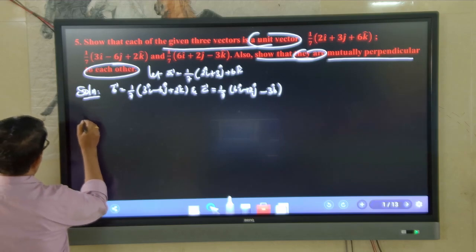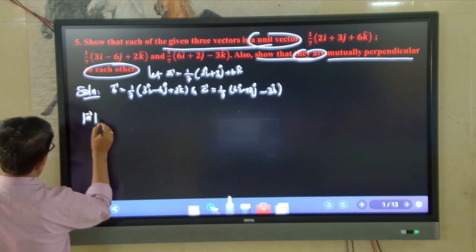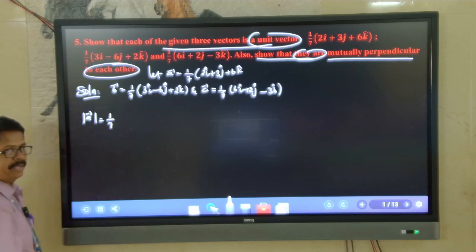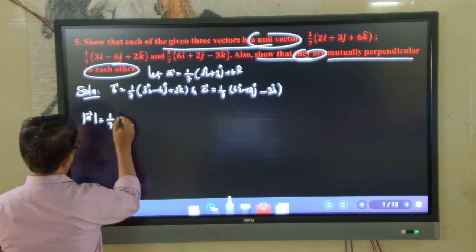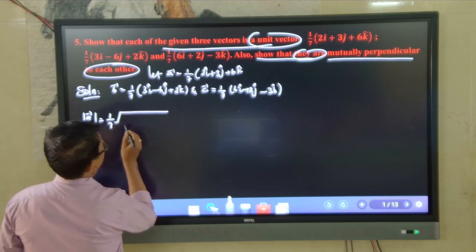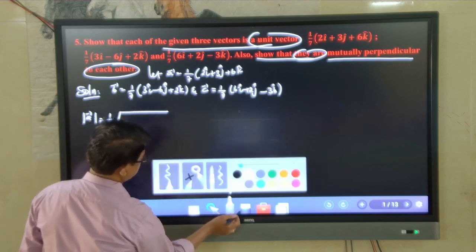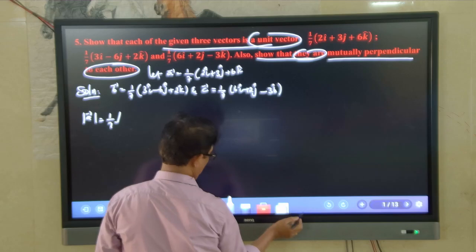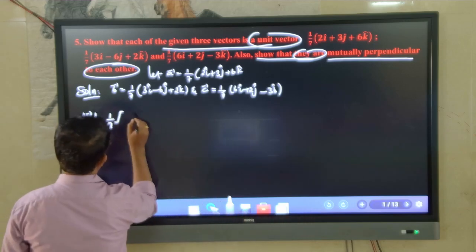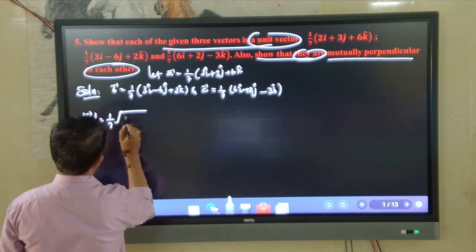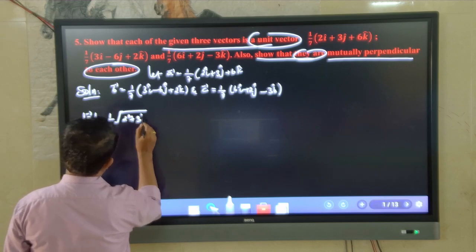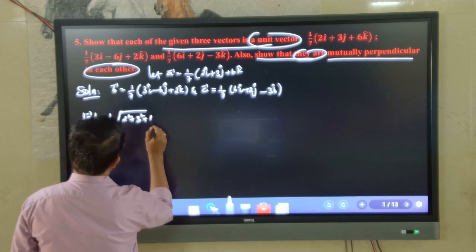Now, modulus of A vector is 1 by 7, you take it outside, okay, no problem, into the square root of 2 square plus 3 square plus 6 square.